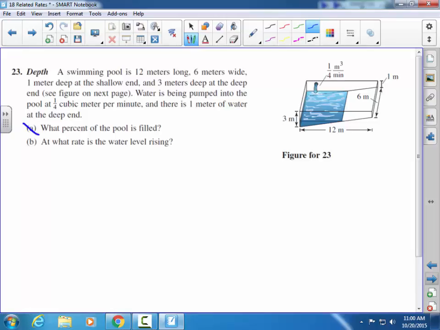We might come back to that in a minute, but the B part: at what rate is the water level rising? So, who can tell me something? Can you read any of those numbers and say, I know what that is?